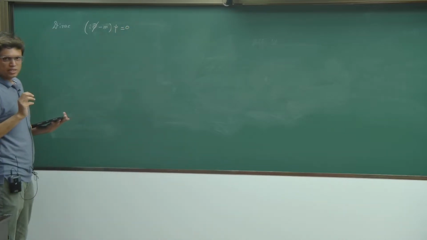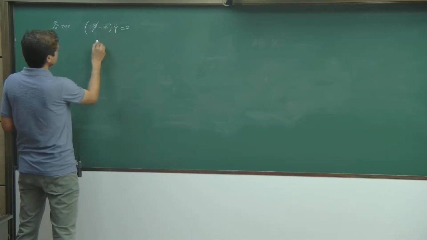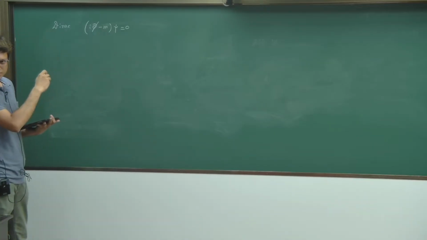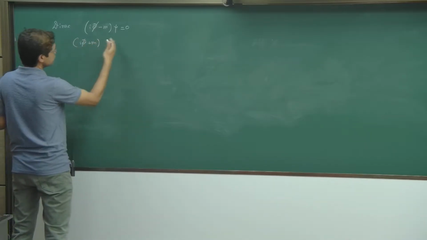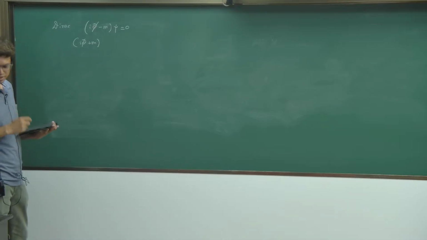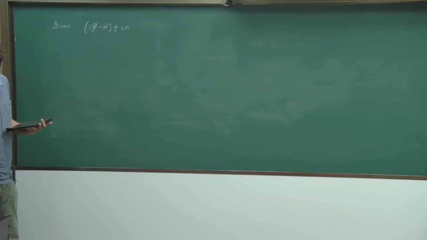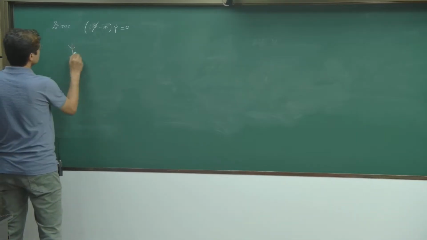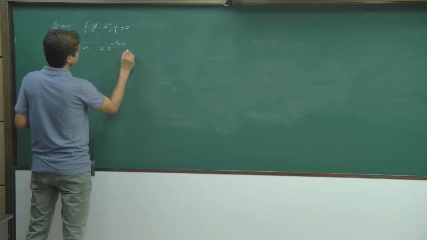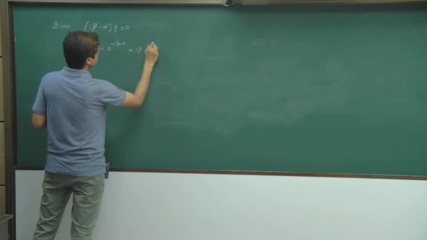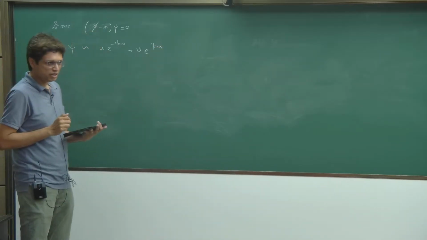As you know from your quantum field theory course, this psi is a solution of the Klein-Gordon equation as well, because if you multiply by (i del slash plus m) on both sides, it gives (box plus m square) psi. And this psi can be written in terms of plane wave expansion: psi is basically u e to the power minus i p dot x plus v e to the power i p dot x. All those integrations over p and everything are understood.